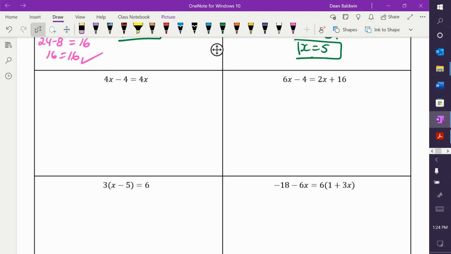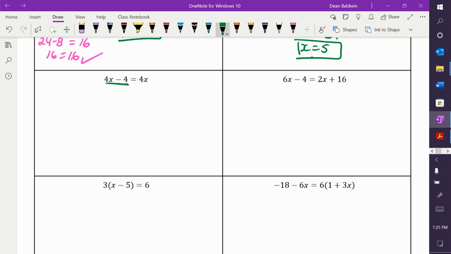4x minus 4 is equal to 4x. All right. What do we do? Are there brackets? So ask yourself, are there brackets? There's no brackets. Are there like terms on the left side? Is there any like terms there? Are there like terms on the right side?